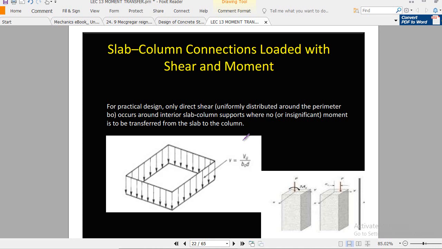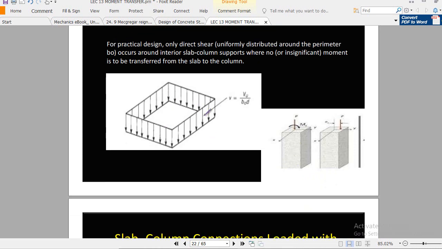But you see here, this is the shear perimeter, and this is the shear stress distribution. The shear stress is nearly assumed to be uniformly distributed, because at the interior joint there is insignificant moment.